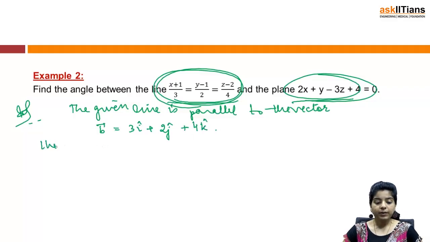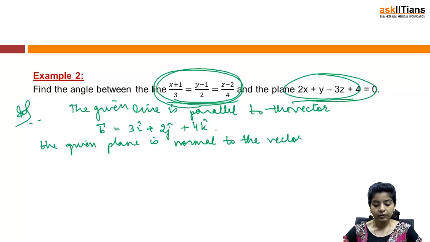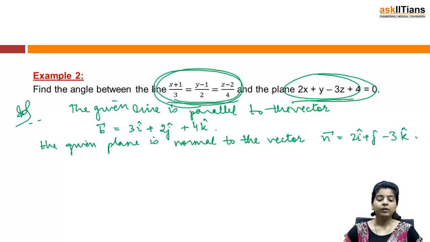And the given plane is normal to the vector n equal to 2i plus j minus 3k. You can see it from the coefficients 2i plus j minus 3k.